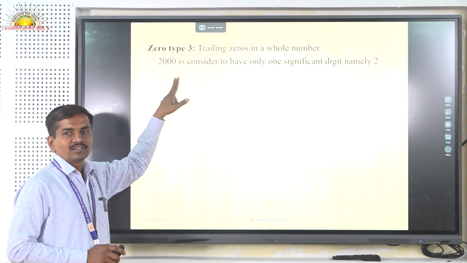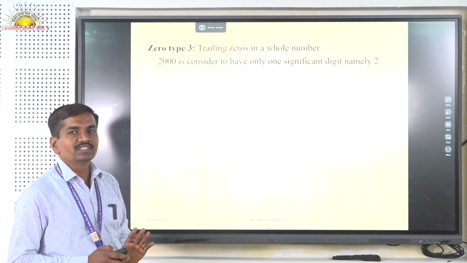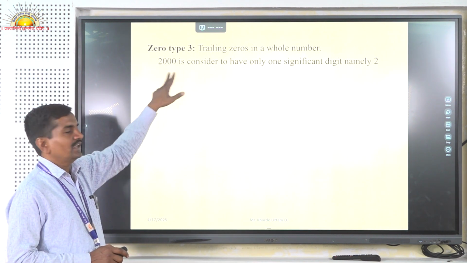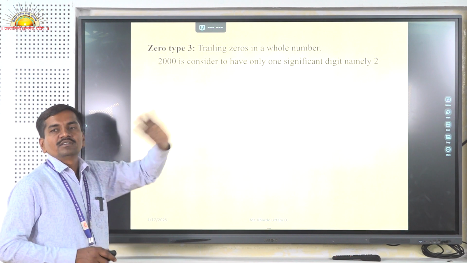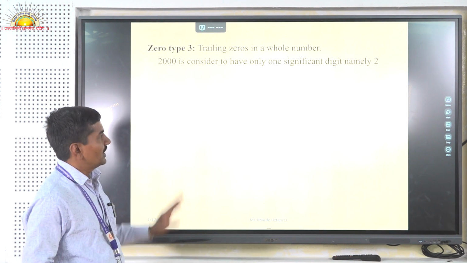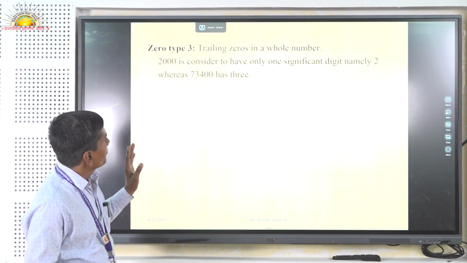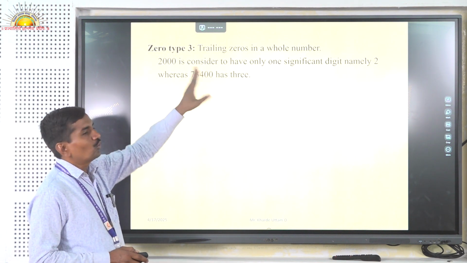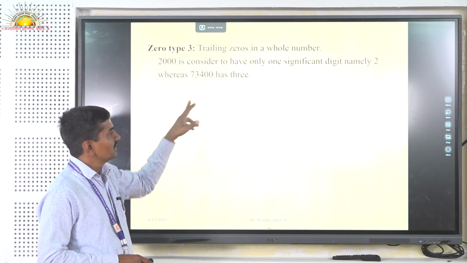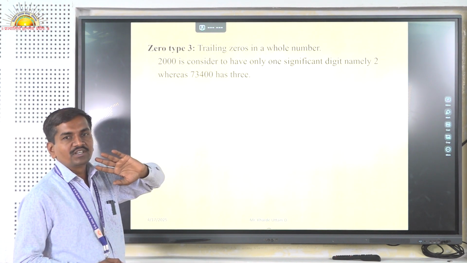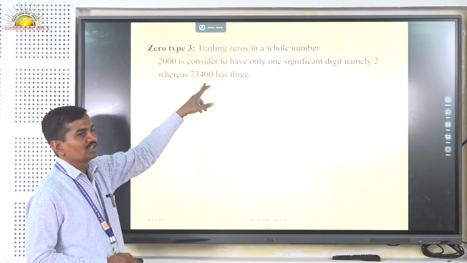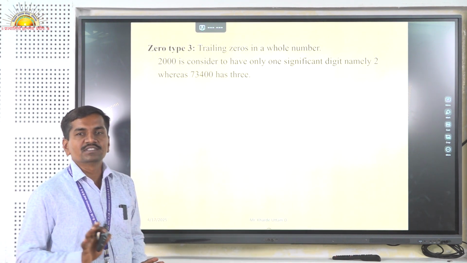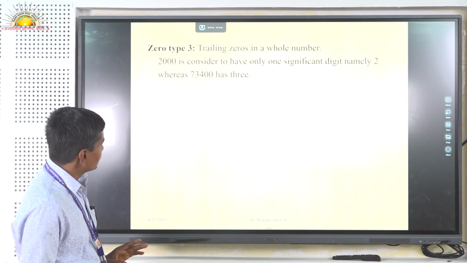In this number, 2 is the only significant digit, and the zeros at the end are not significant. Then 73,400 has only 3 significant digits, namely 7, 3 and 4. The last 2 zeros are not significant digits.